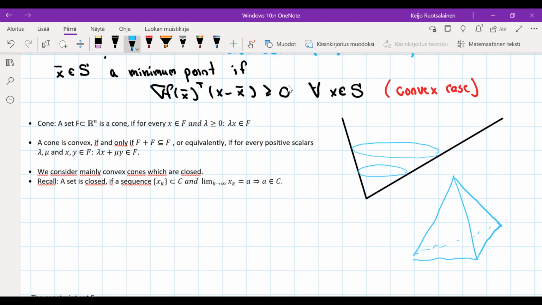So the number of shapes you get for a cone is huge. These are examples of convex cones.